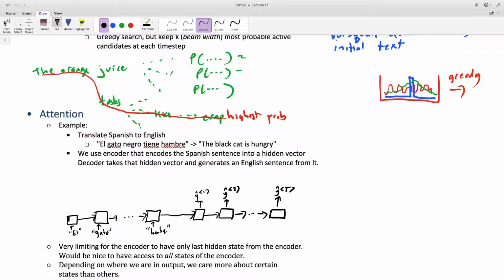It'd be nice if we could feed in the hidden state from all of these into our decoder so that we get more information. So you can imagine just instead of taking this input to the decoder, we're going to take a stack of all these as input to the decoder, perhaps.